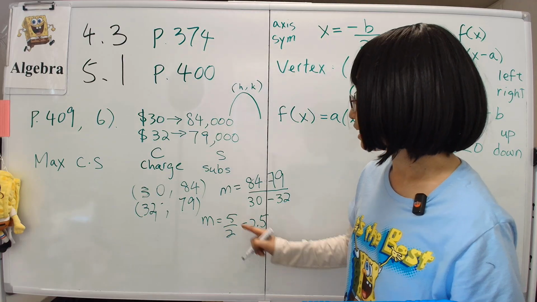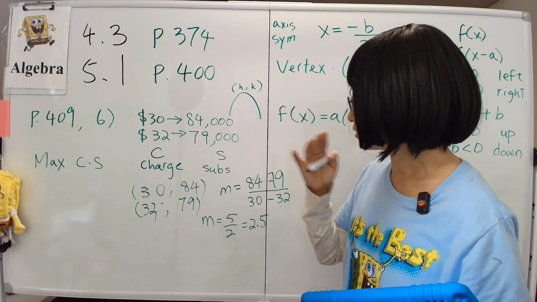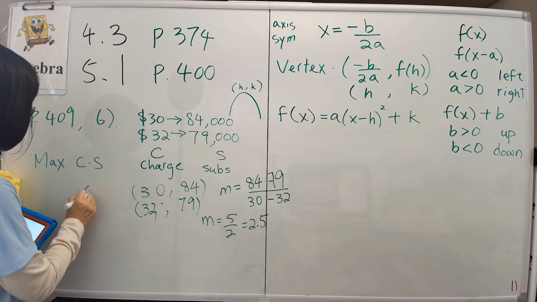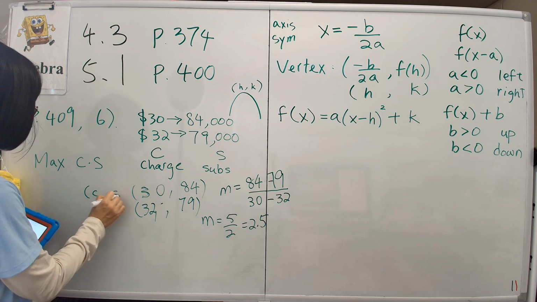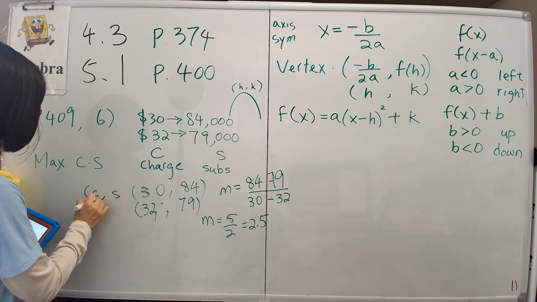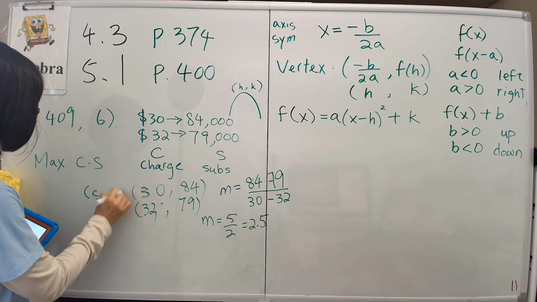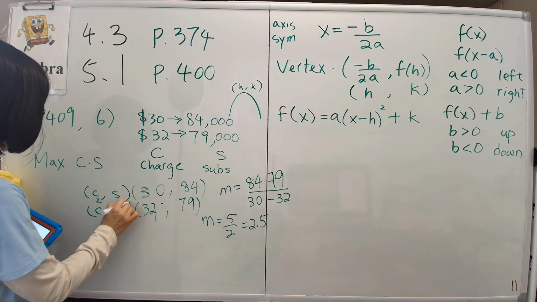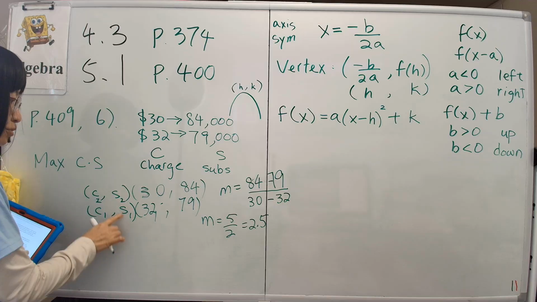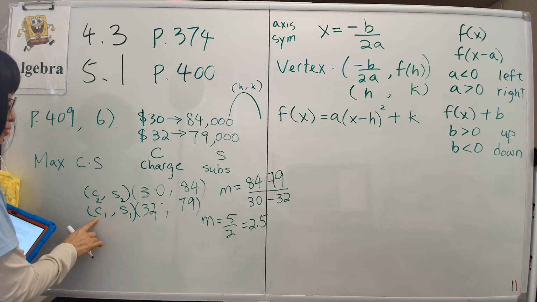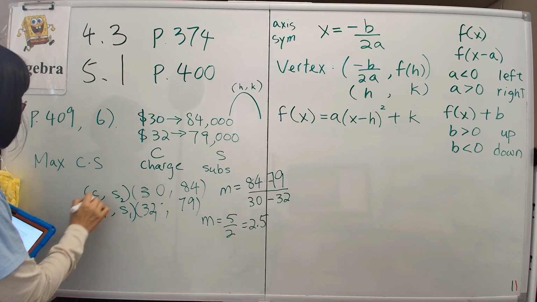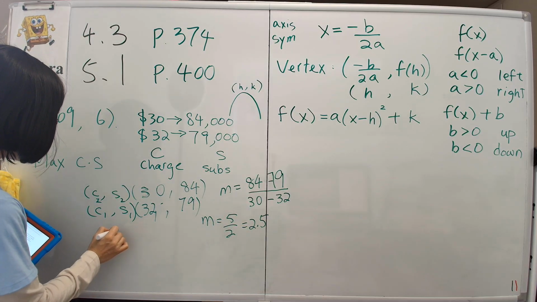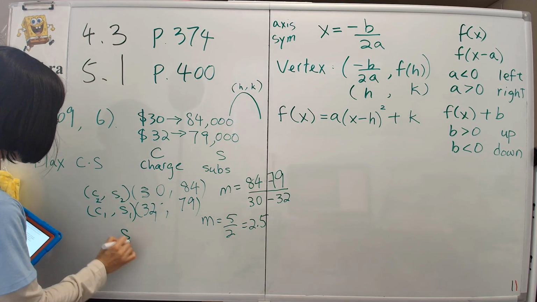And then we need to write the equation. I should probably write down what these things are. This is C, S, so C1, S1 and C2, S2. The slope is S2 minus S1 divided by C2 minus C1. Now that we've got the slope, which is 2.5, we will then do the y value, which we call S this time.